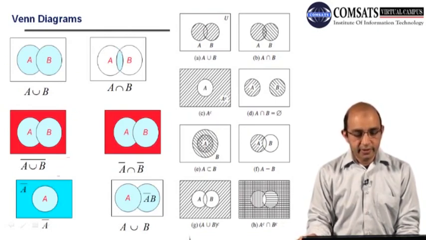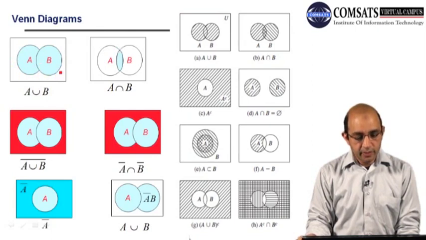If you look at this diagram, it is A union B. We have two circles, A and B, and this is A union B, the area contained by A or B. If you talk about the objects, the objects have to be contained in A or in B. But if you talk about the intersection, here we have A and we have B over here.